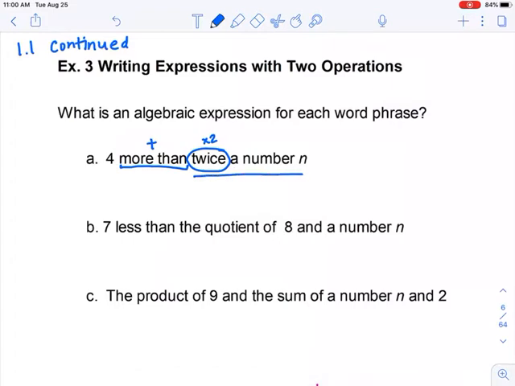Twice a number n means n is going to be multiplied by 2, which means we'd have 2n that we add with 4. So we could have 4 plus 2n, or 2n plus 4, because those more than, less than, they kind of flip-flop the order of that statement. Whichever looks a little bit better to you is fine.